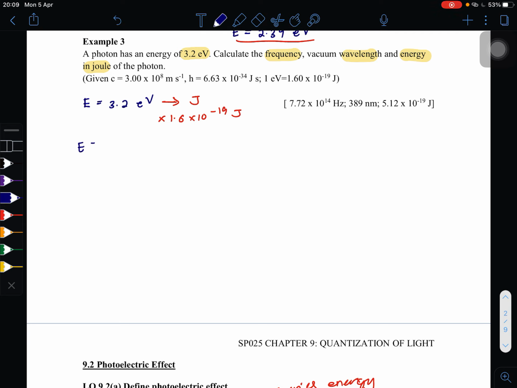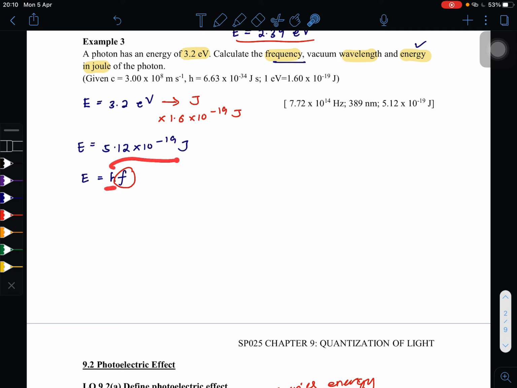So akan dapat 5.12 eksponen negatif 19 joule. Okay, and then now we want to find frequency. So E is equal to HF. This is the one that we want. Since H dekat sini adalah in joule, right?